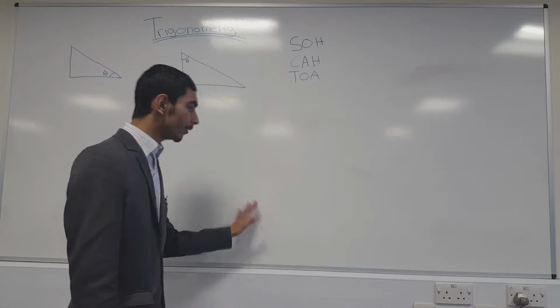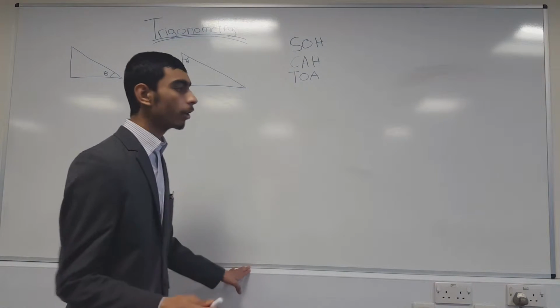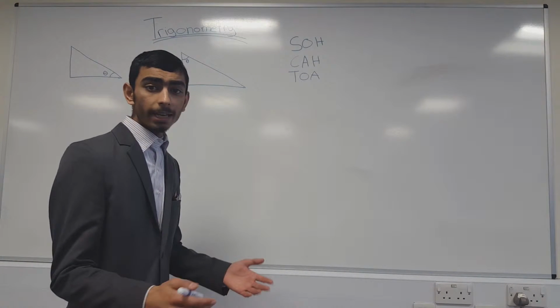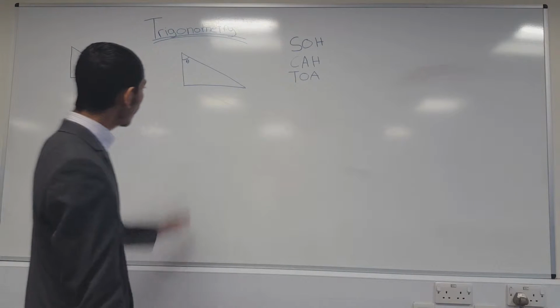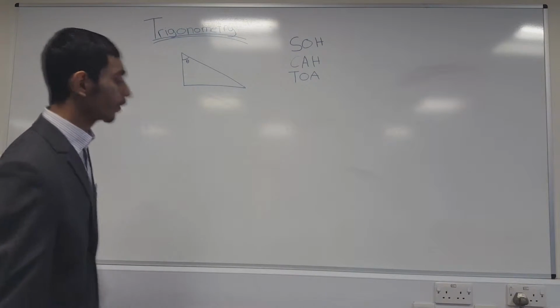First of all, the fundamental skill that you need for trigonometry is labeling the triangle, knowing the three sides it has. So pretend, here we have two triangles. Let's work with this one first of all.